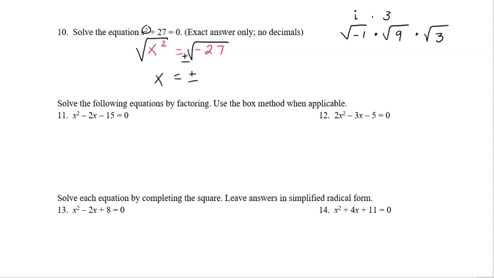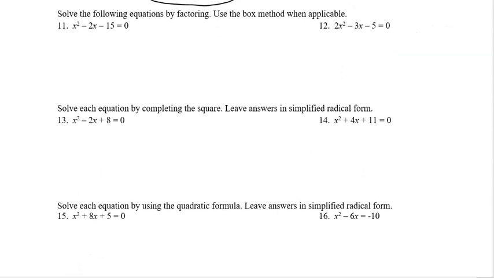So the only one of these radicals that doesn't simplify is the square root of 3. So the final simplified answer here is plus or minus 3i, and then we're going to multiply that by the square root of 3. And there are my two answers for number 10.